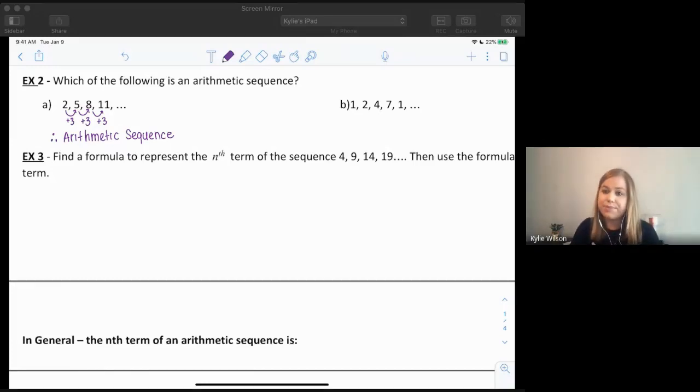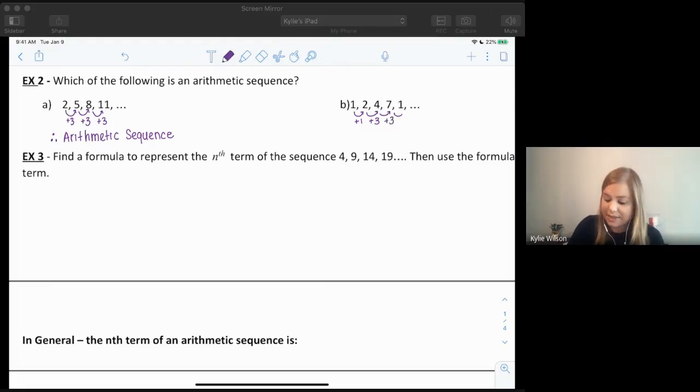There we go. So now let's try our second one, and let's see if this is an arithmetic sequence. So to get from 1 to 2, I'm going to add 1. Then to get from 2 to 4, I'm going to add 2. And then to get from 4 to 7, I'm going to add 3.